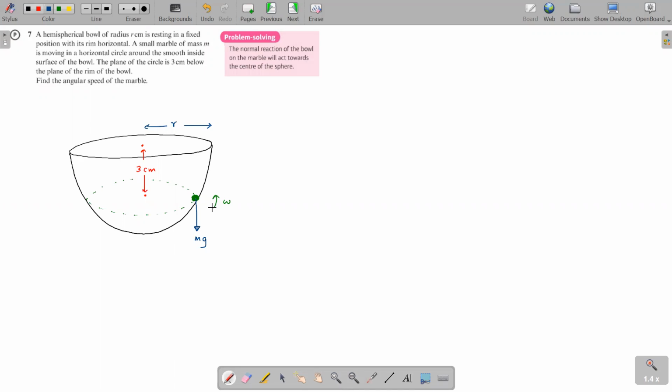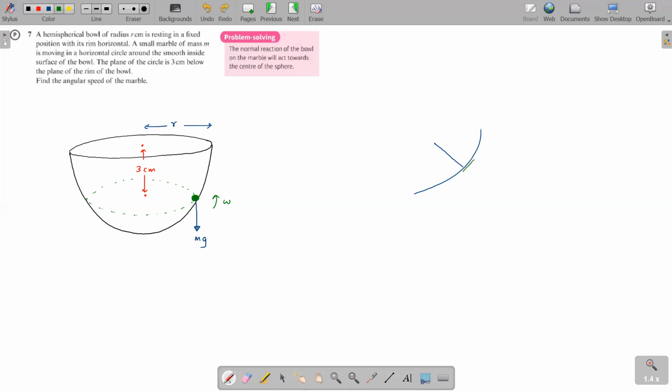Therefore, you have a normal reaction, which is perpendicular to the surface. This is a hemisphere, so basically it's a circular surface, and the normal reaction is perpendicular to the tangent at this point.